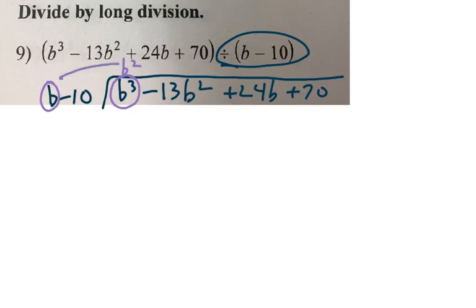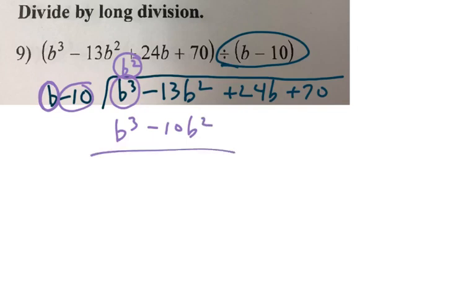Now, I'm going to use distributive property here. Okay? And let me erase my mark so that it's not so messy. But I know this b squared times this b is b cubed. And b squared times a minus 10 is a minus 10b squared. Now comes the next key step.